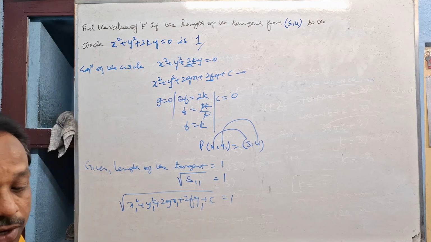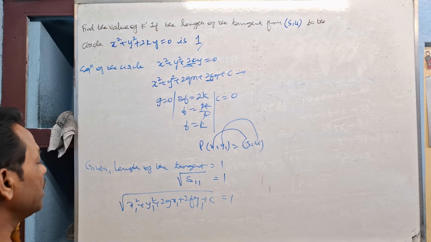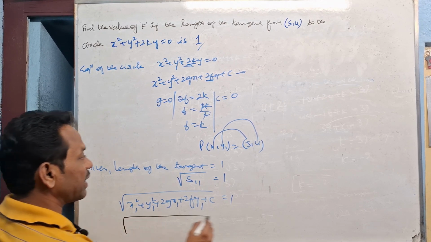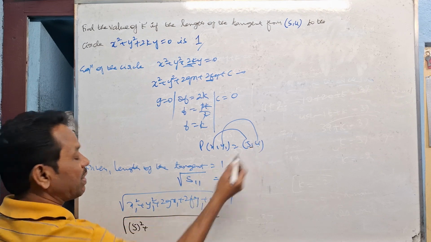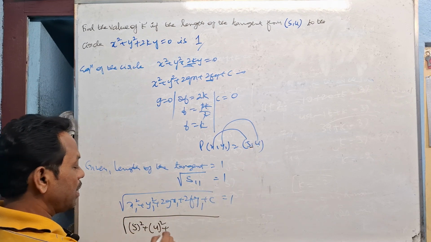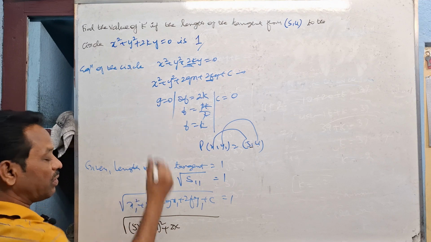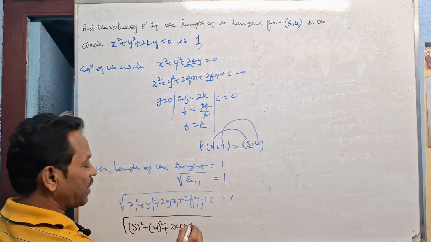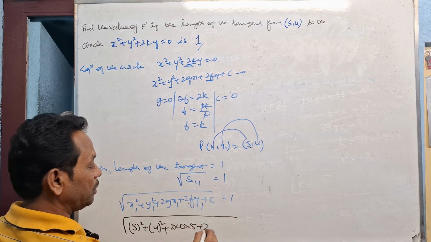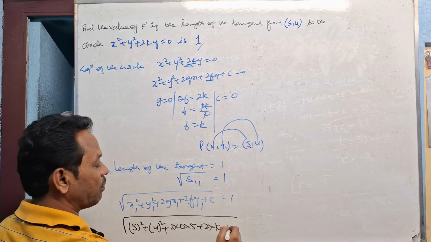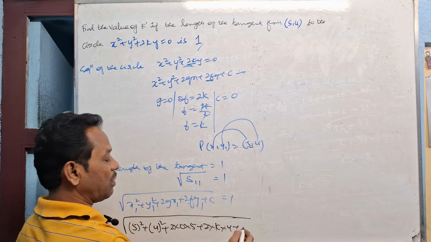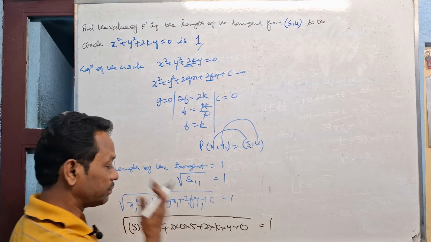So let me put the values. Here x1 is nothing but 5, so 5 square, plus y1 is nothing but 4 square, plus 2 into g, which is 0, into x1, 5, plus 2 into f, which is k, into y1, which is 4, plus c, which is also 0, equal to 1.